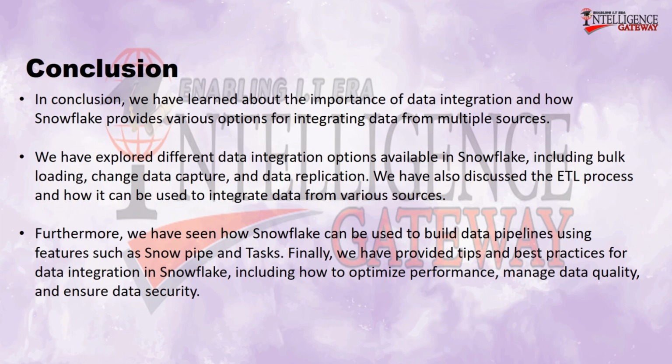We have also discussed the ETL process and how it can be used to integrate data from various sources. Furthermore, we have seen how Snowflake can be used to build data pipelines using features such as Snowpipe and tasks. Finally, we have provided tips and best practices for data integration in Snowflake, including how to optimize performance, manage data quality, and ensure data security.